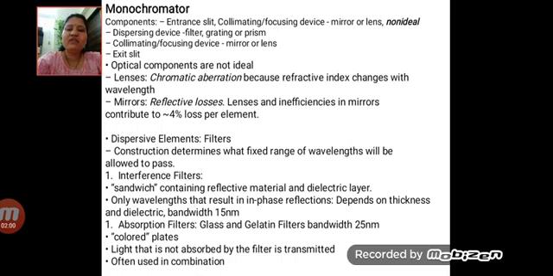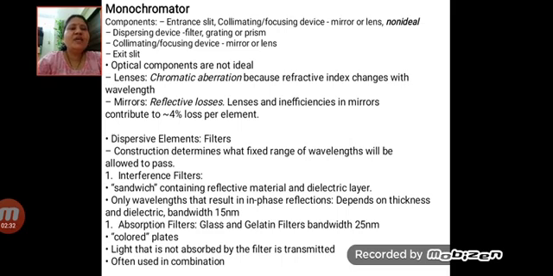Decollimating devices are used when the radiation comes from the grating; they bend it and give an angle to the radiation, while the collimating system is used to make the radiation parallel.